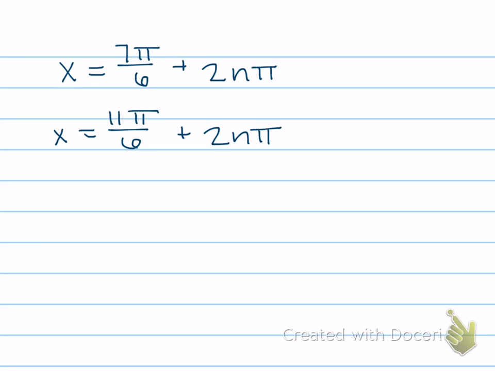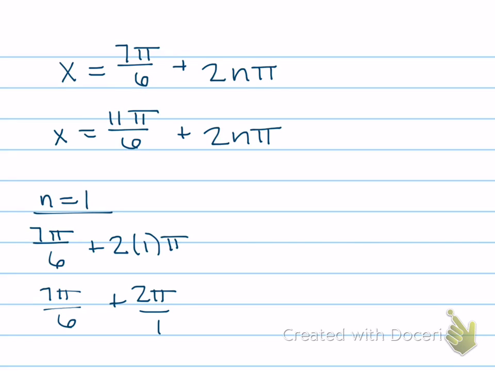So the reason we put this 2n pi is the whole idea of coterminal angles. If I circulated around one more time, again I would get the y value of negative 1/2, it would just be one angle larger. So for example, if n is 1, I would have 7 pi over 6 plus 2 times 1 times pi, which is essentially 2 pi.